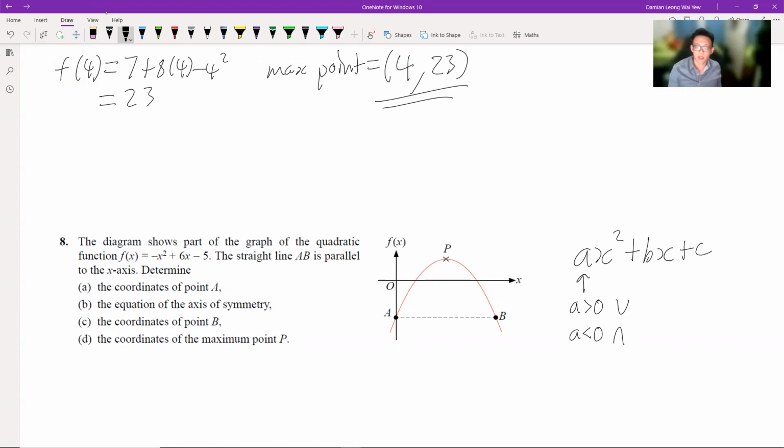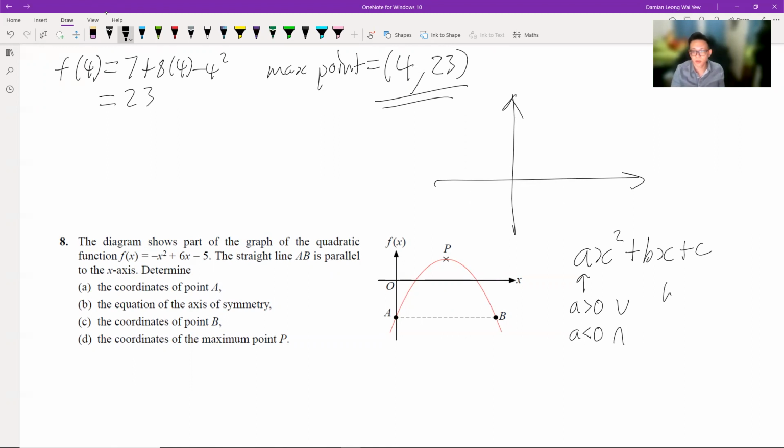Right? Now, moving on to b. What do the values of your b represent? Basically, your b shows where your axis of symmetry will be, whether it's on the right side of your y-axis or on the left side of your y-axis. Basically, it will be on the opposite side.